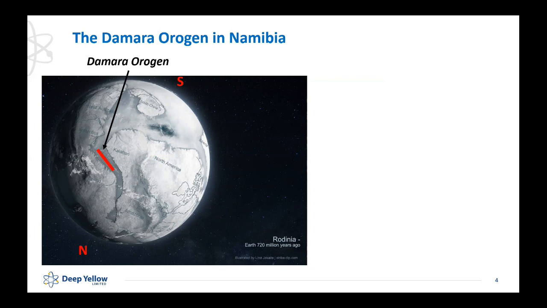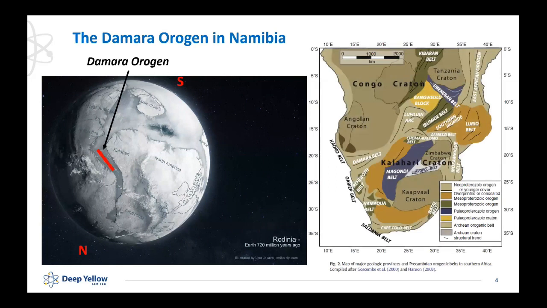And that ocean in between, the Khomas Ocean, closed up at about 570 million years, starting to close that ocean. And in between, that's where the Damara Orogen is situated today. And that's the location where we look at the geology.